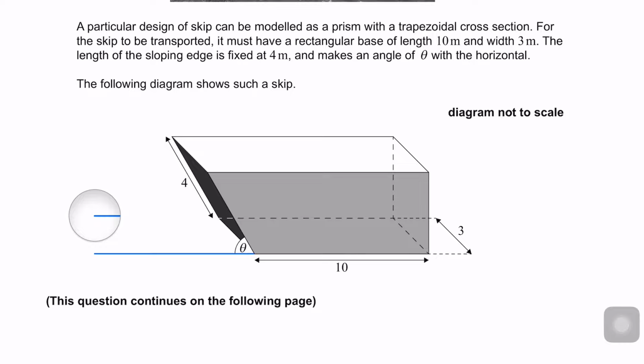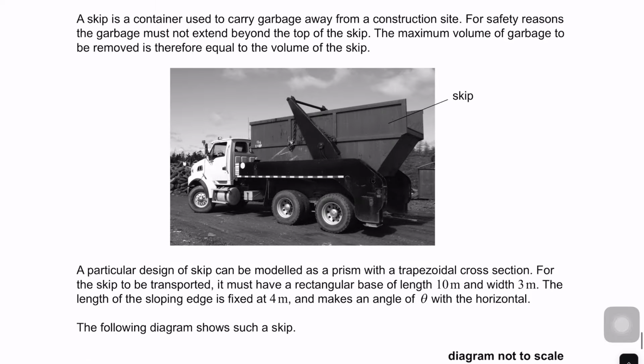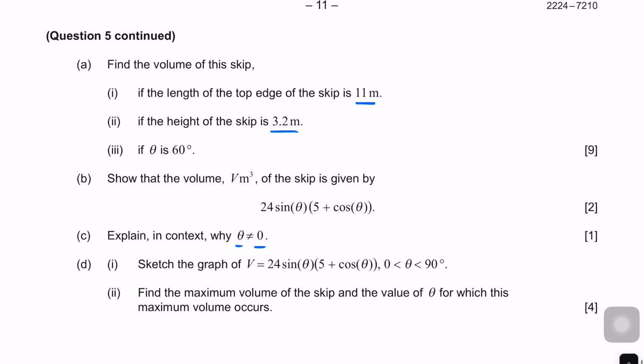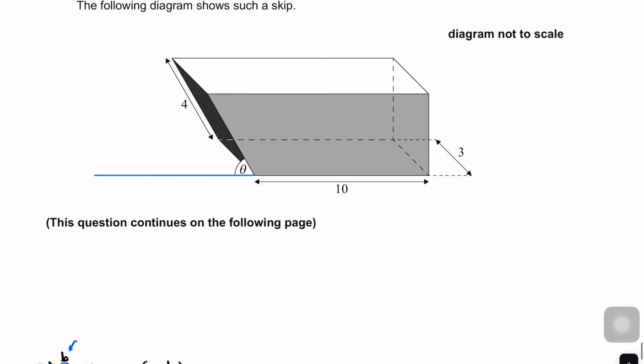And if theta was equal to 0, looking back at this skip, it would be horizontal with the ground, and as soon as the driver puts the accelerator on, all the trash is going to fall out the back.